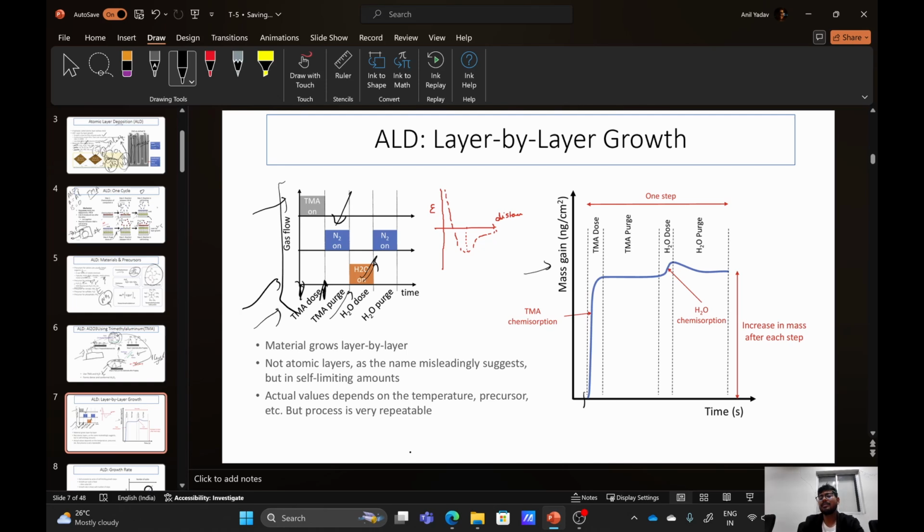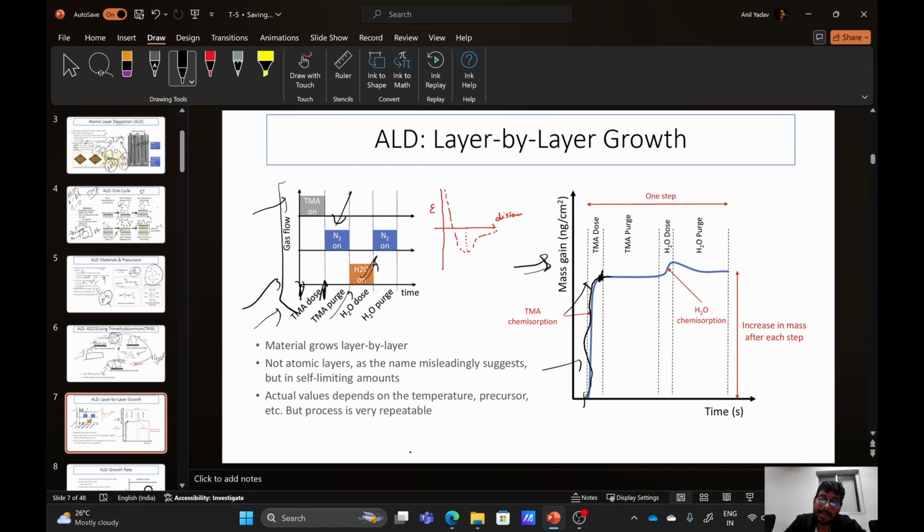In this one, the measurement is done with the crystal monitor. Initially we give a TMA dose, and the mass gain on the crystal monitor first increases and then gets saturated. However much TMA you give after the saturation point will not affect any further mass gain, because TMA is not reacting with TMA itself.